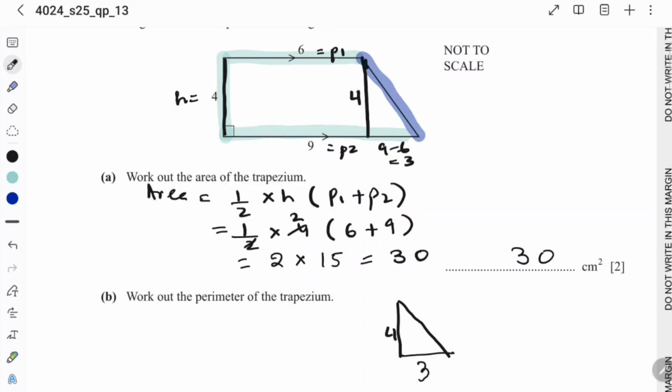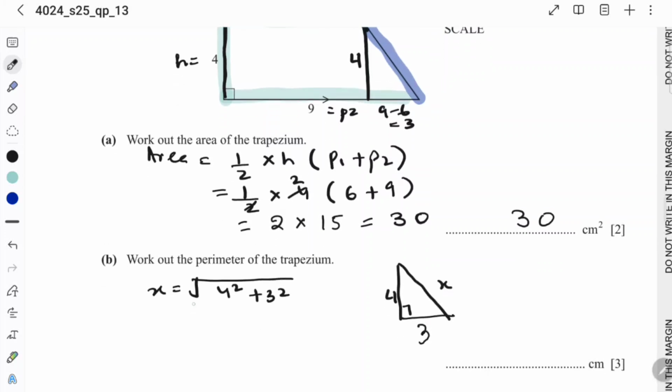For this side, which is the hypotenuse, I'm just writing x equals the square root of 4 square plus 3 square. 4 square is 16 plus 9 is 25. So x equals 5. So this side is 5.